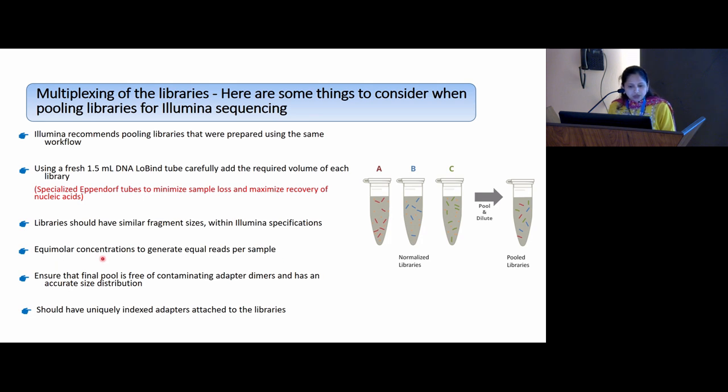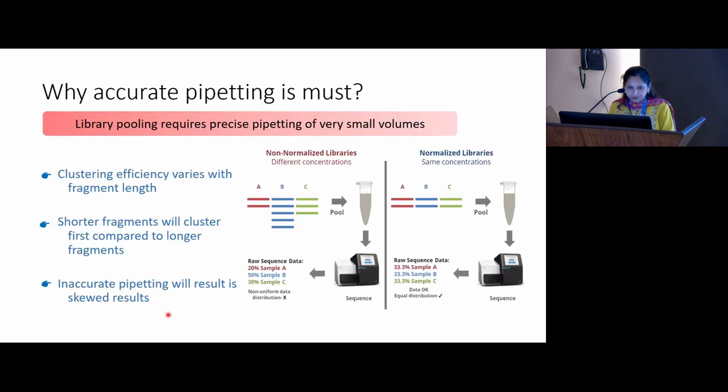The equivalent concentration has to be there for each library in the pool to generate equal reads per sample. Then also ensure the final pool is free of contaminating adapter dimers and has an accurate size distribution, because this primer dimer can go and bind to your flow cell and it can create an excess of reads, and then it should have uniquely indexed adapters that are attached to your libraries.